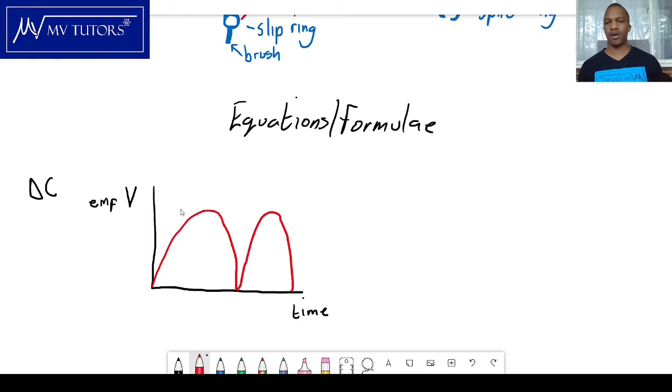It has a maximum voltage, which I'll call Vmax.